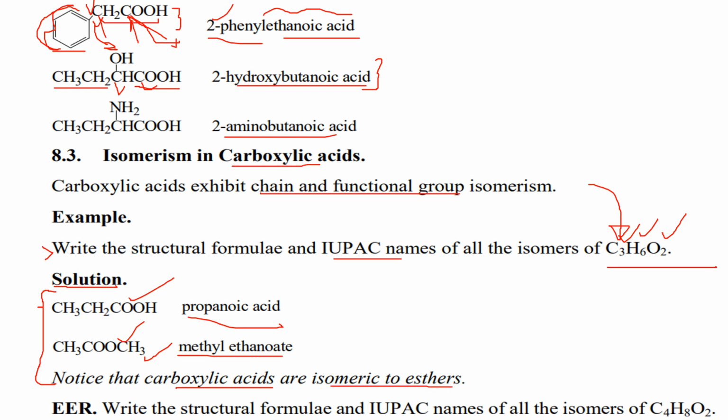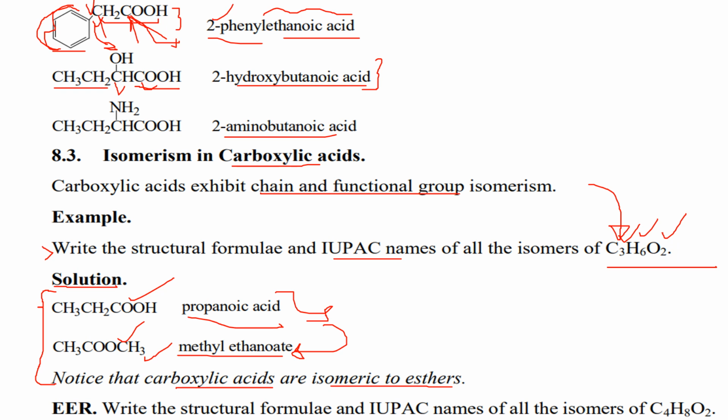So for every carboxylic acid that exists, it's always going to isomerize with an ester. That means that for a given molecular formula, it can either be a carboxylic acid or an ester. So how will you differentiate whether it's a carboxylic acid or an ester?